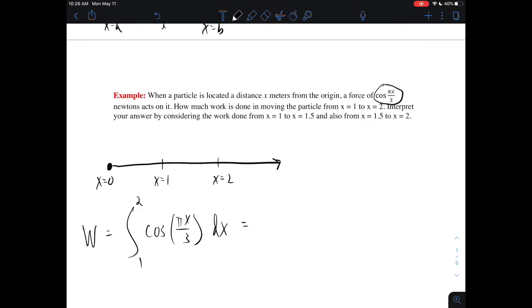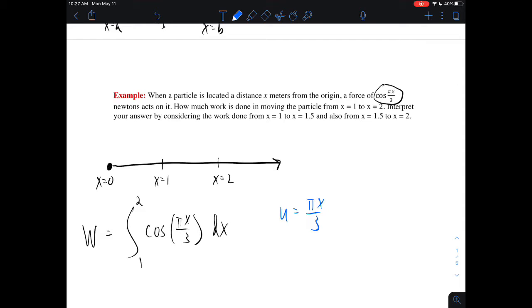So to do this, we're going to need some substitution. I'm going to say let u equal pi x over 3. I know that I need to use substitution because I have a function which is linear, pi x over 3, inside of a trigonometric function. So it's giving me a clue that I need to use some substitution.